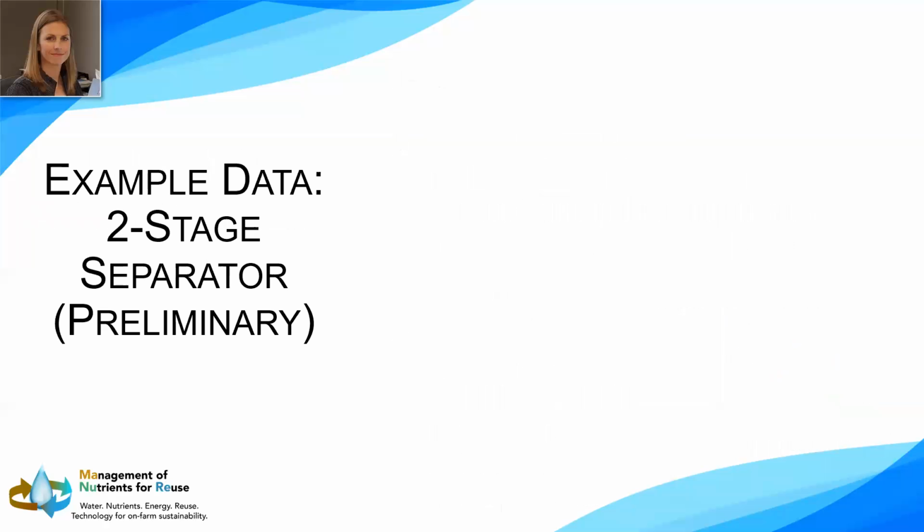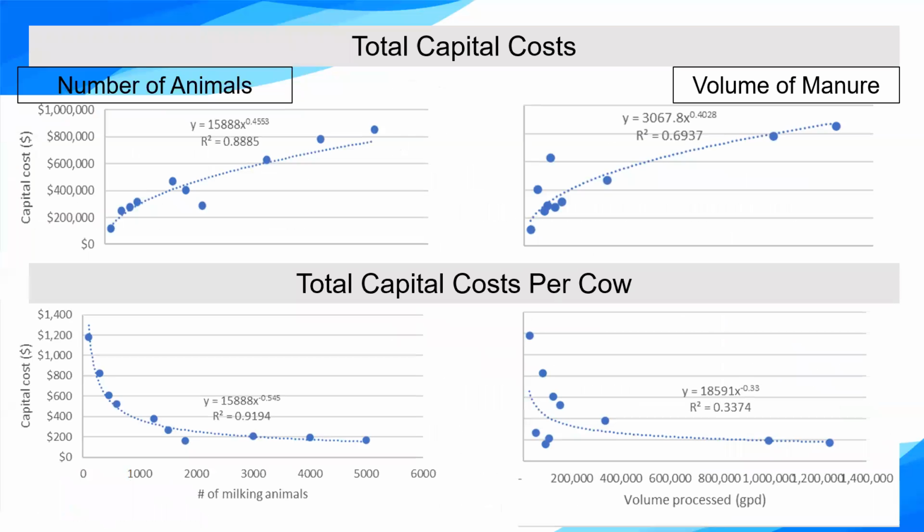So I do have some preliminary data to present for a two-stage separator, which is a slope screen followed by a roller press. These four graphs represent the same data set for modeling capital costs of a two-stage separator.